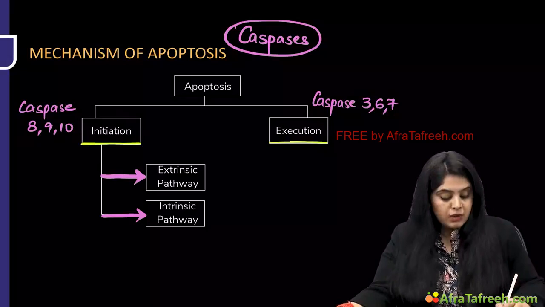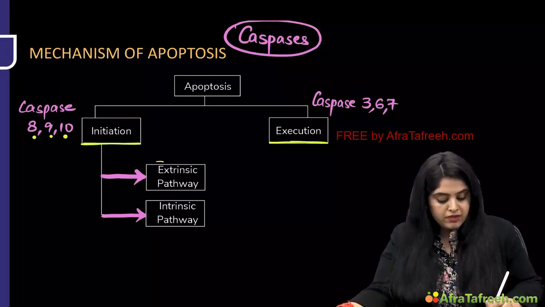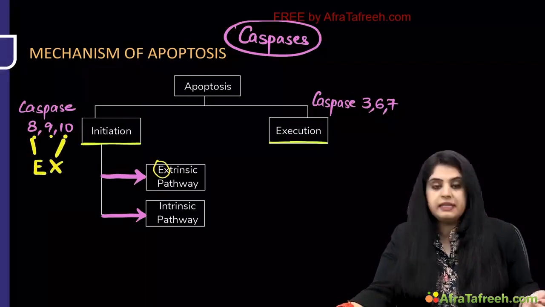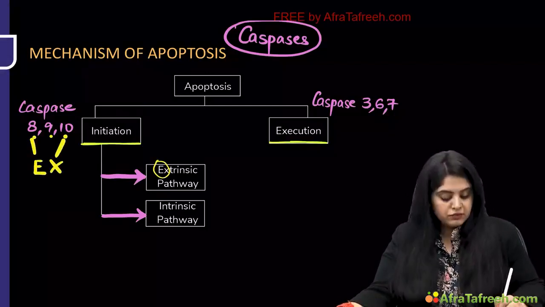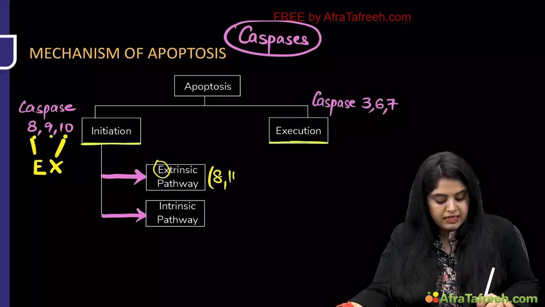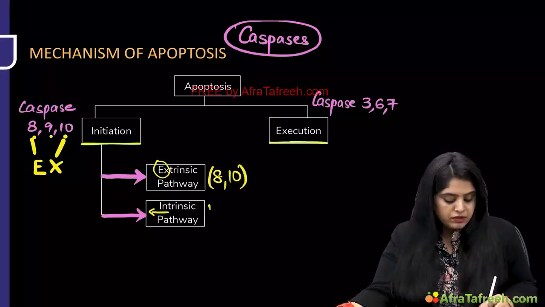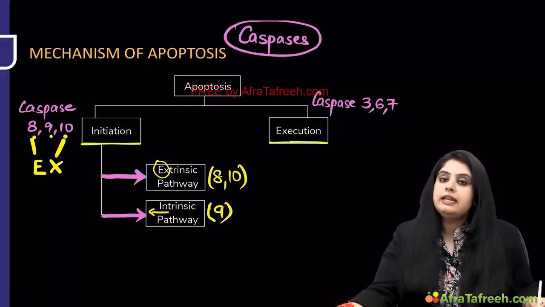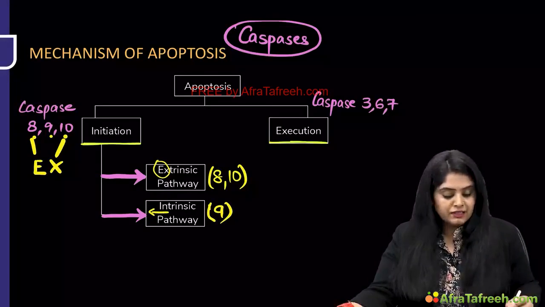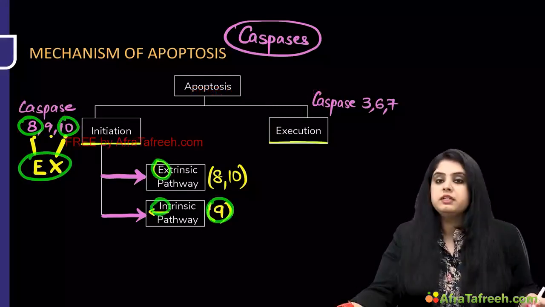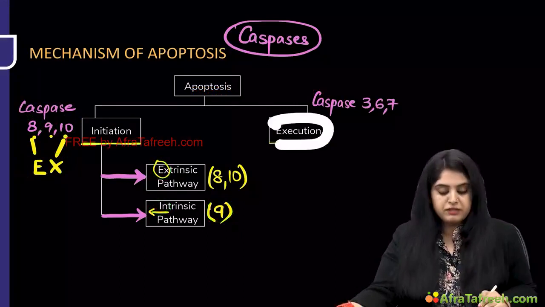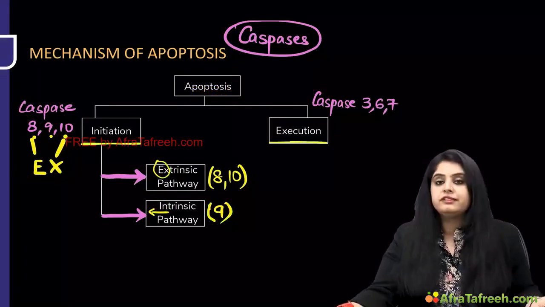And please note, out of 8, 9 and 10, the way you write extrinsic pathway sounds like 8 and 10. E for 8 and X for 10. So in the extrinsic pathway, caspase 8 and 10 are going to be activated. In intrinsic, if you read it opposite, it sounds like 9. So caspase 9 is going to be activated. Repeating, caspase 8 and 10 in extrinsic and caspase 9 in intrinsic, whereas for execution it is going to be 3, 6 and 7.